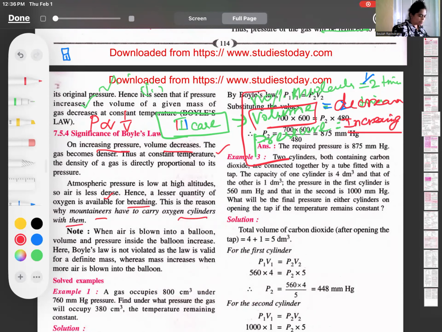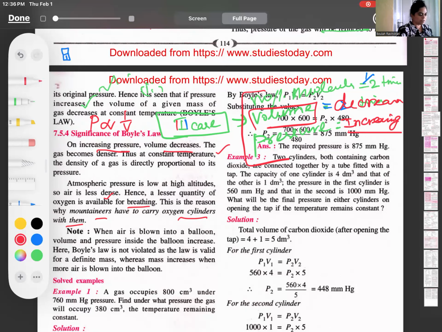When air is blown into a balloon, volume and pressure inside the balloon increase. Is it clear for you? Boyle's law is not violated, as the law is valid for a definite mass, whereas the mass increases when more air is blown into the balloon. So this is how the balloon does not violate Boyle's law. In a balloon, we are blowing air, so the air is automatically increasing.